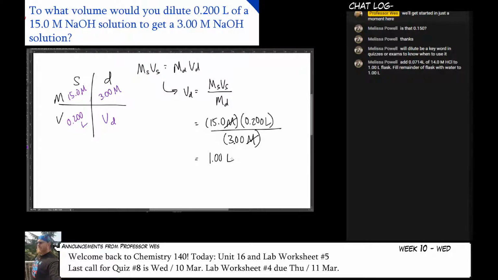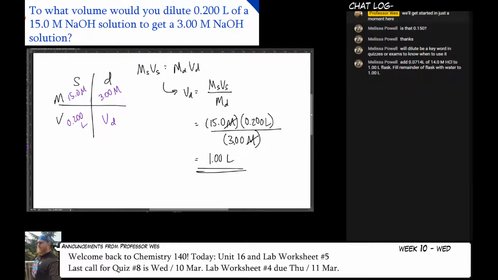I did that in my head. I hope that that's right. 15 over 3 is 5, times 0.2 is 1. Yeah. There you go. So if you want to dilute a 15 molar solution to a 3 molar solution, and you're starting with 0.2 liters, the final volume will be 1 liter.